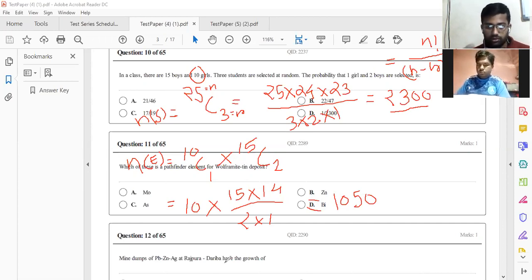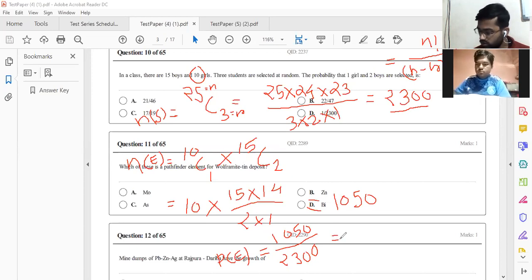Okay, so now your probability is P of E, number of possible event upon total number of sample place. So 1050 divided by 2300.